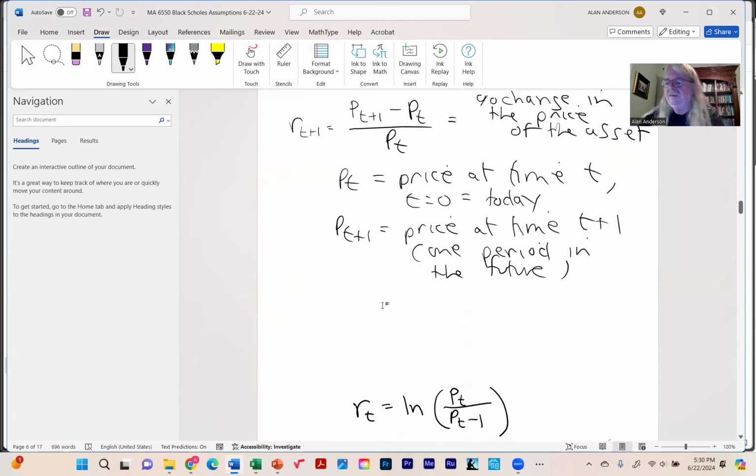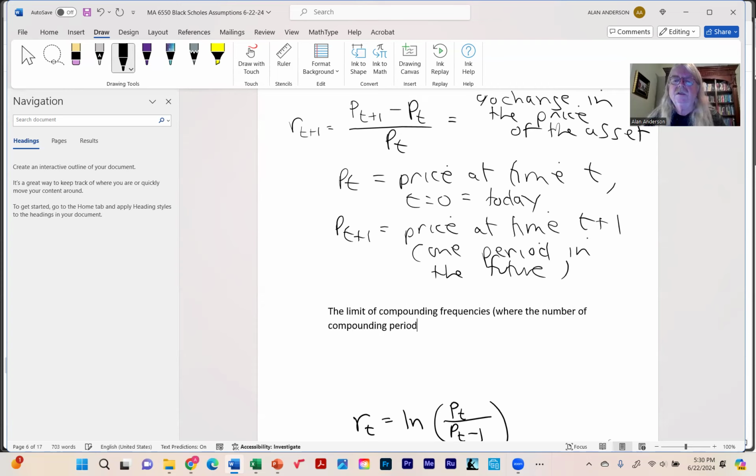And so the limit of compounding frequencies, where the number of compounding periods per year is infinite, is known as continuous compounding.